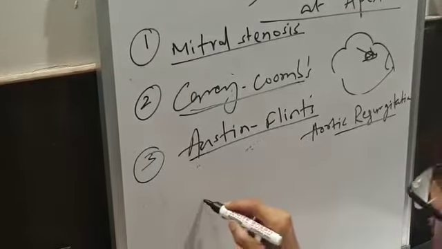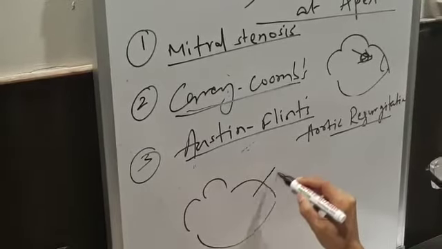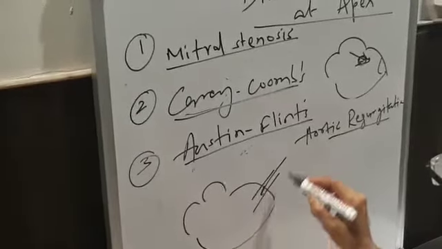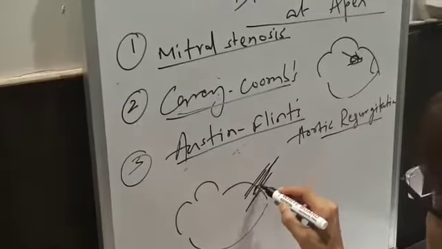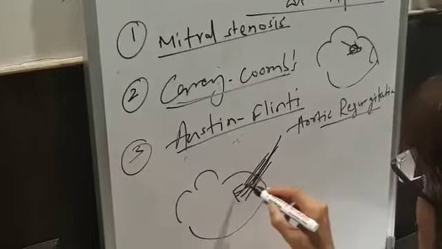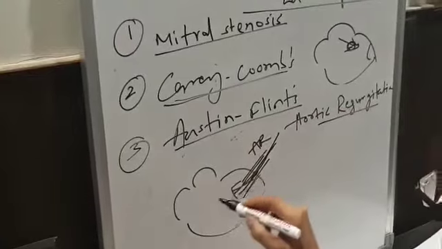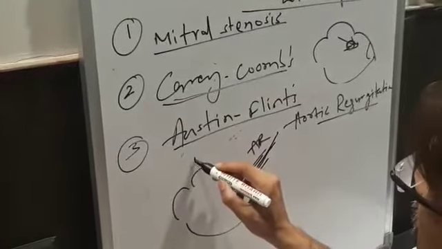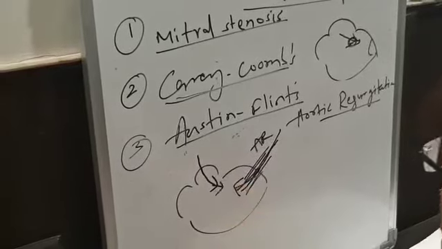Now, what is happening in aortic regurgitation is, because of AR, I am drawing, this is an engineering drawing. Just for convenience, there is regurgitation of blood during diastole into the left ventricle in AR, and simultaneously during diastole, from the left atrium, the blood is also entering into the left ventricle.